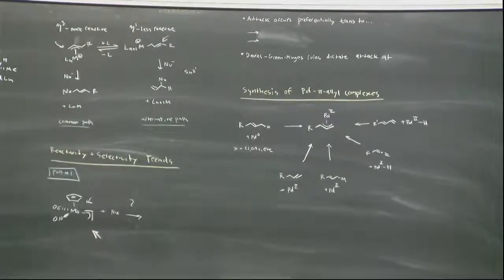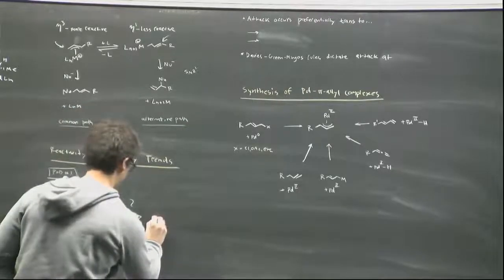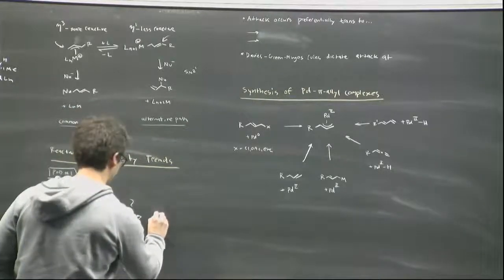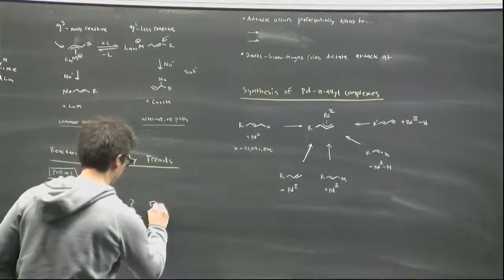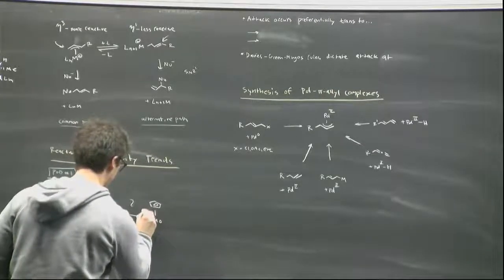I guess trans to the CO. Trans to the CO. And what's your reasoning there? CO is a better back bonder, so it's a stronger trans influence. Perfect. That's that point.